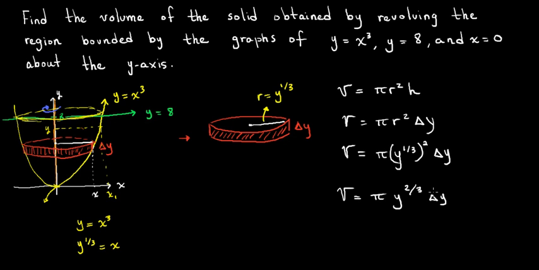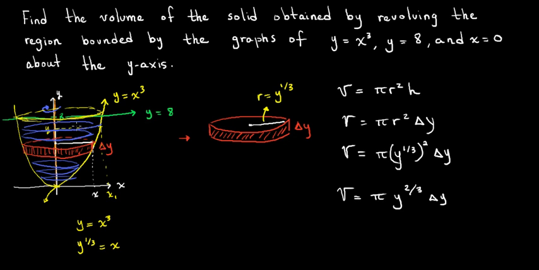Now here what I'd like you to do is try and think about what your integral is going to be. Remember, we're going to cut a bunch of cylinders, slice a bunch of discs, and add all these discs up.